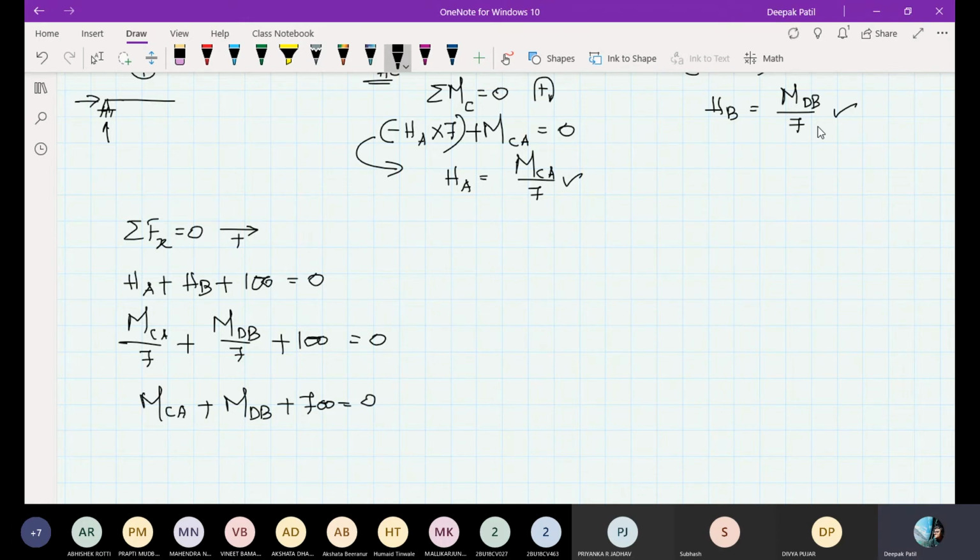Can I write like this? Yes, sir. Let me call this equation C, and this is nothing but your third equilibrium equation.